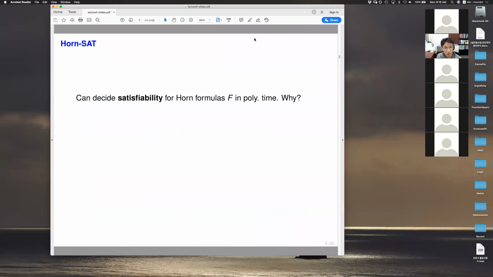This means that we are thinking about a computational problem where we are given a formula f, but we are assuming that that formula is a Horn formula. Okay. So we are given Horn formula f, and then what our algorithm has to do is map this to either satisfiable, if this formula is satisfiable, or unsatisfiable.